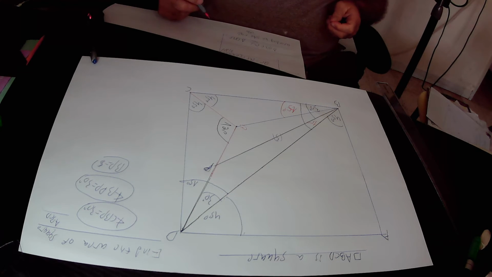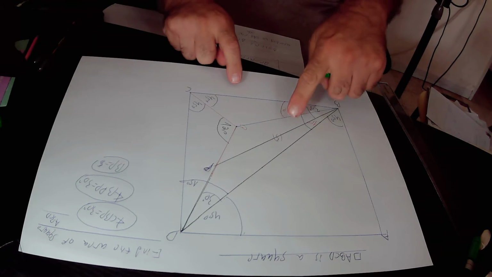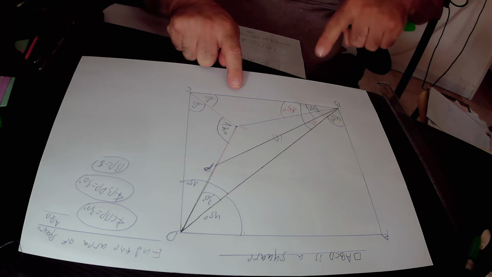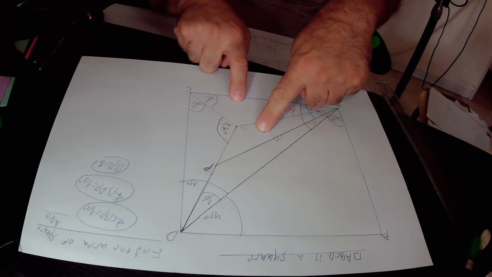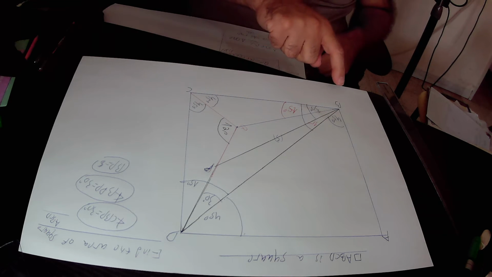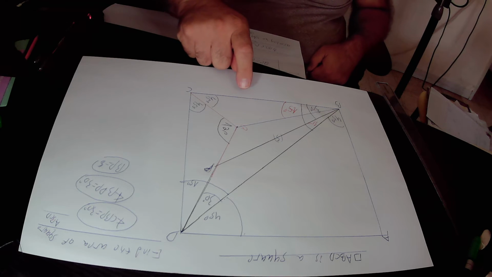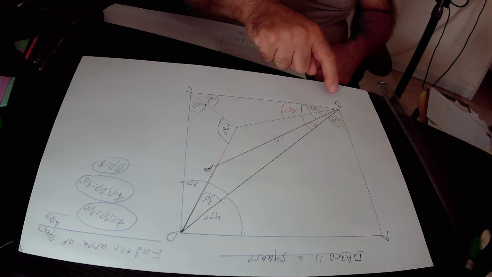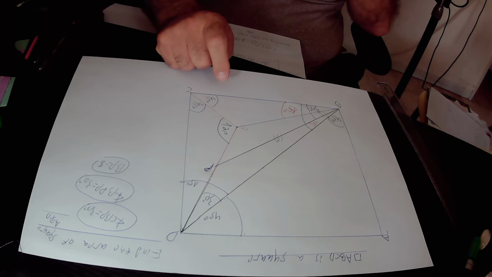In the next step, we will prove that those two triangles can point to each other according to angle side angle rule. Again, this is triangle BQC and this can point to this triangle BQP according to angle side angle rule.